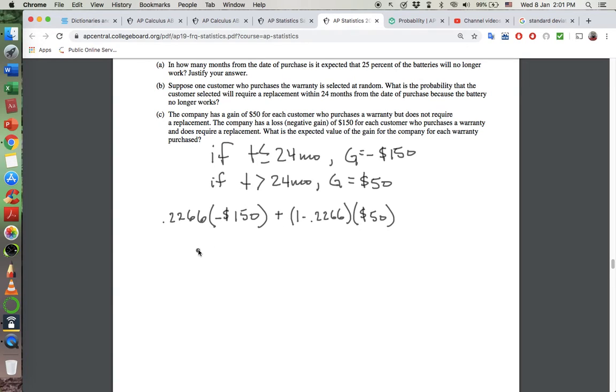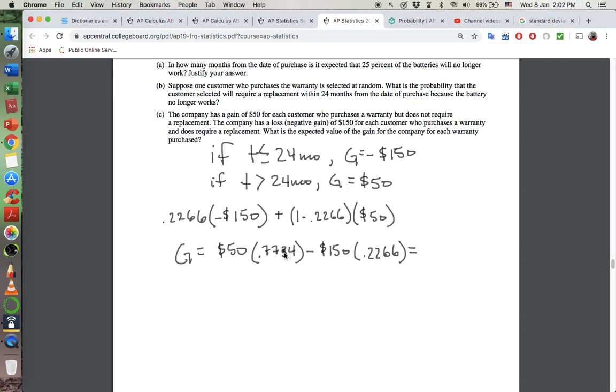So that's pretty simple math. So we've got the gain then is equal to, I'll switch the order around here, $50 times 1 minus 0.2266, which is 0.7734, and we're going to subtract from that $150 times every phone battery that breaks and needs to be replaced under the warranty.